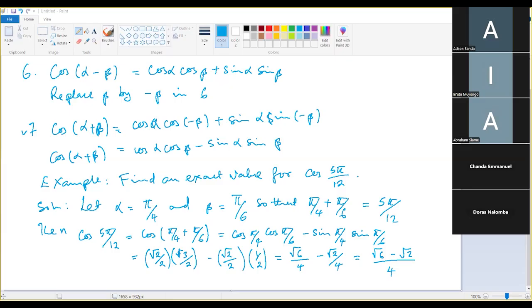Just go ahead if you want to say something. Yes? When we say let alpha be equal to pi over 4 and beta be equal to pi over 6, can either of them be beta or alpha? Yes, it doesn't matter.